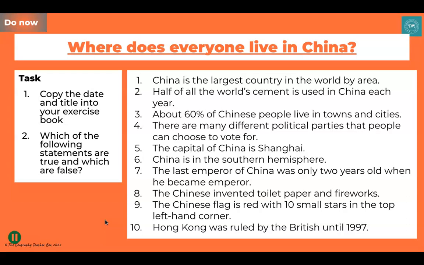And next to each number, all you're going to do is write down if the statement is true, or do you think it might be false? Okay, so read it carefully before making that decision and then write down your answer. Okay, pause the video and have a go now.